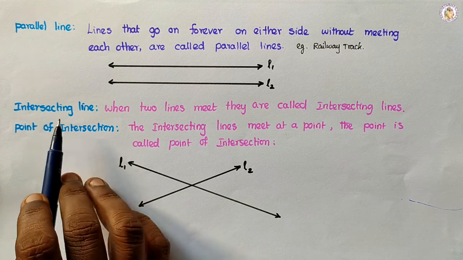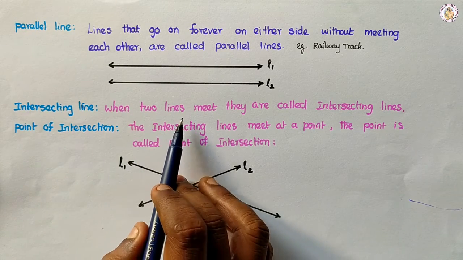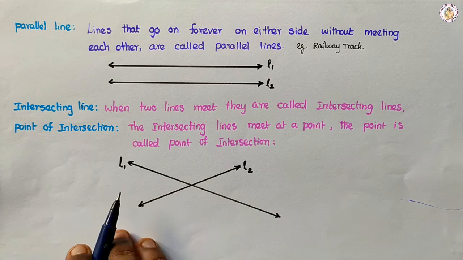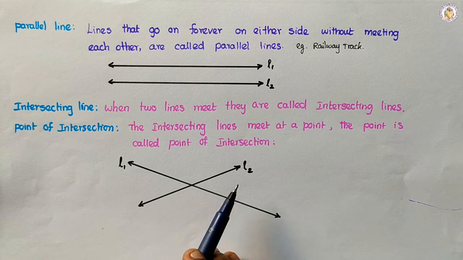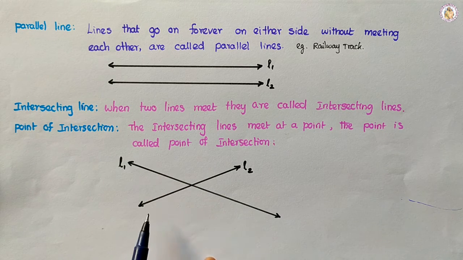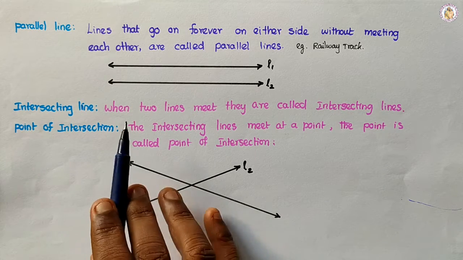And then intersecting lines. When two lines meet, they are called intersecting lines. Listen here, L1 and L2 meet at one point. That is intersecting lines.